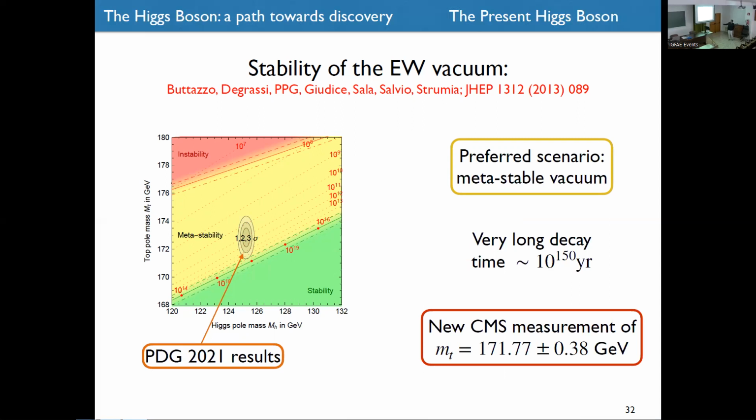And that brings it very close to the line that divides the metastable and the stable vacuum. That's actually a pretty interesting thing, physically speaking. So maybe if this trend continues, that would tell us something new. That would be interesting to see. But for now, we are here.